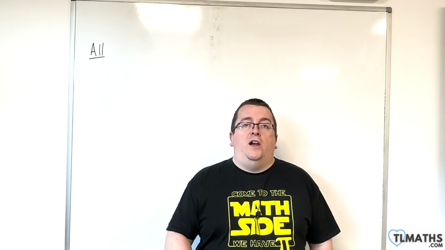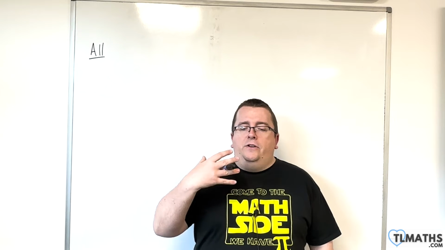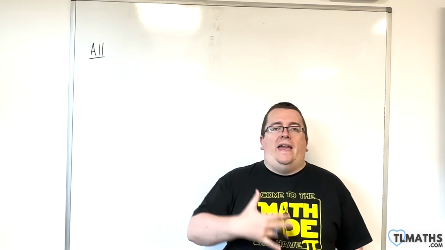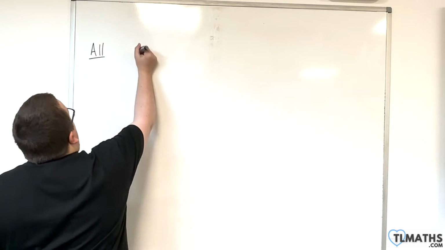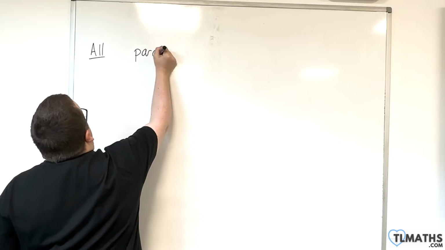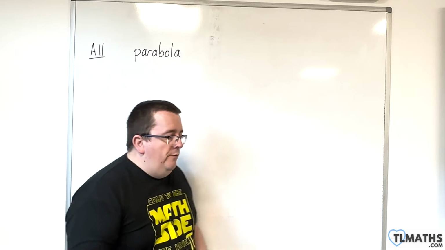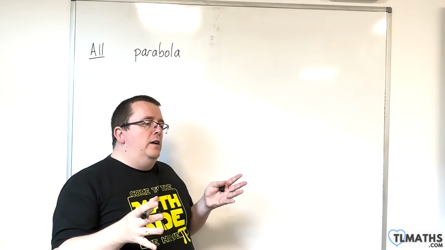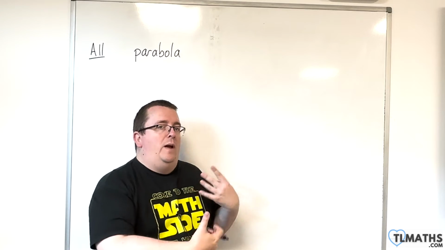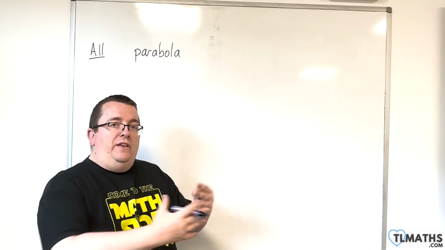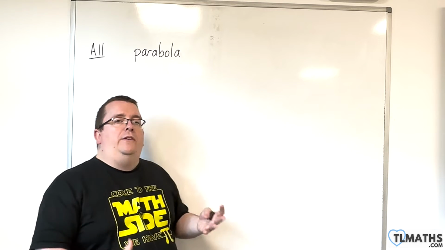So in the previous video we plotted y equals x squared, and I introduced that as a parabola. So the word that is used to represent that shape is parabola, and we refer to all curves of the form y equals, when general, ax squared plus bx plus c, these quadratics, so anything that is a quadratic we refer to as a parabola.